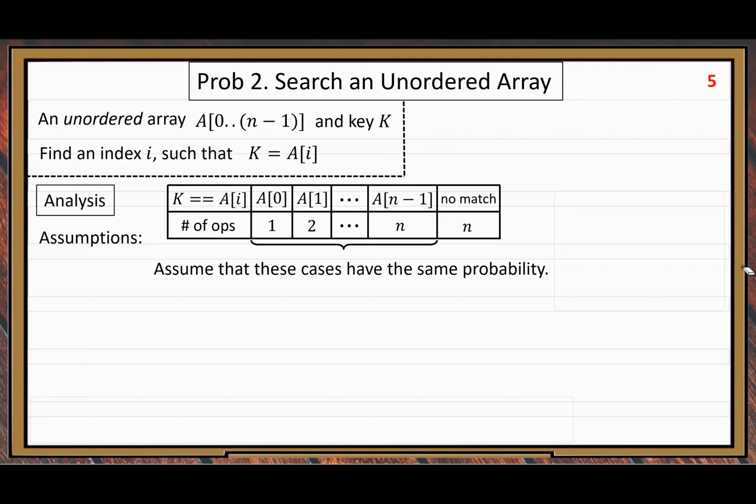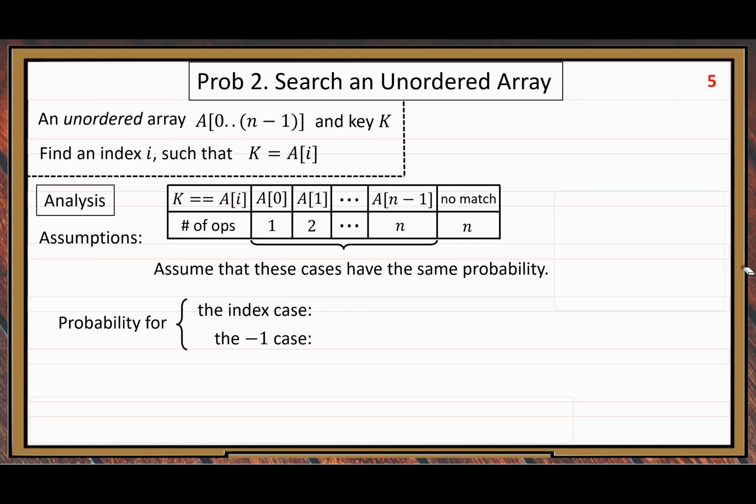So we can assume they have the same probability. But for the last case, the no match case, the last one, the probability for the index case. Index case means the match case, right? Your function returns a valid index. That's the index case, okay?